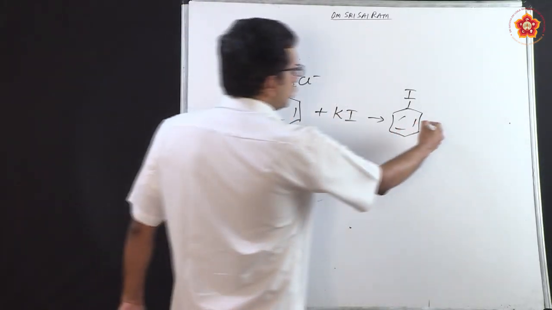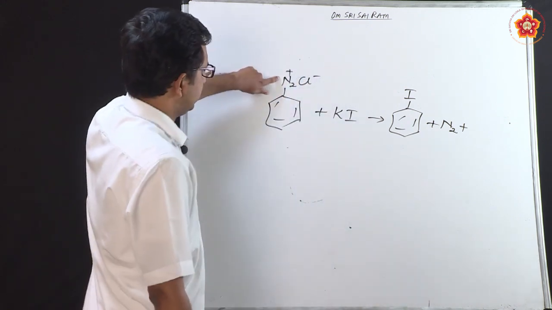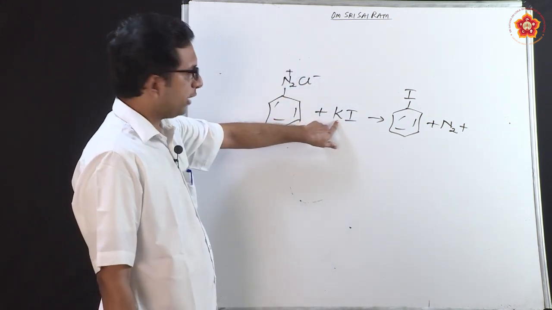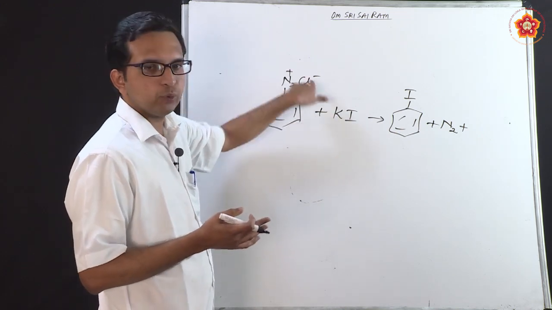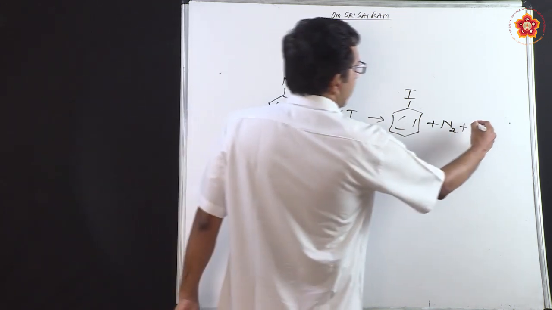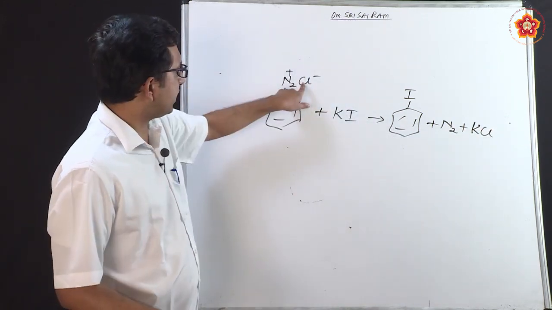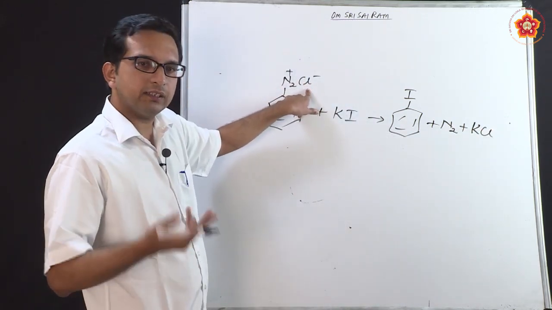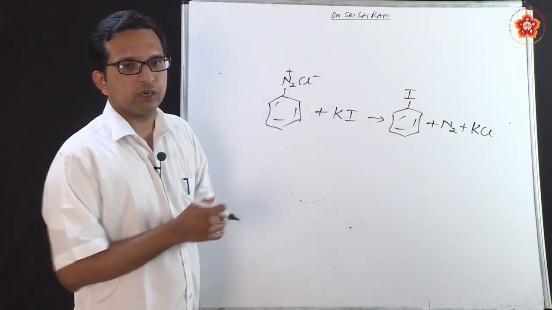the byproducts happen to be almost similar, where nitrogen gas is released and the ion which was a counter ion, that is K+, will combine with Cl-, and that is how KCl is formed. Now, the X here can be either chlorine or bromine, and depending on that the corresponding byproduct is formed.